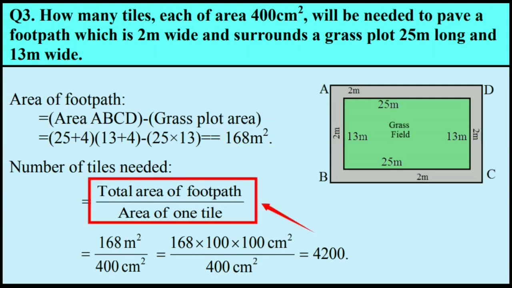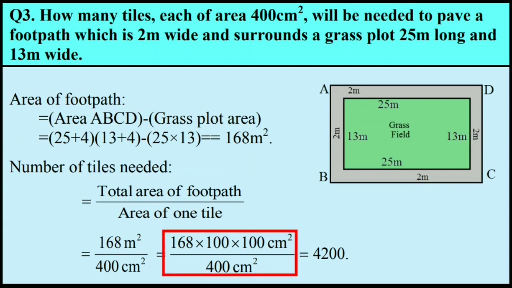The next part is the number of tiles required to pave the footpath. Total area of the footpath divided by area of a tile. The area of the footpath calculated is 168 meters square, and the area of one tile is given as 400 centimeters square.